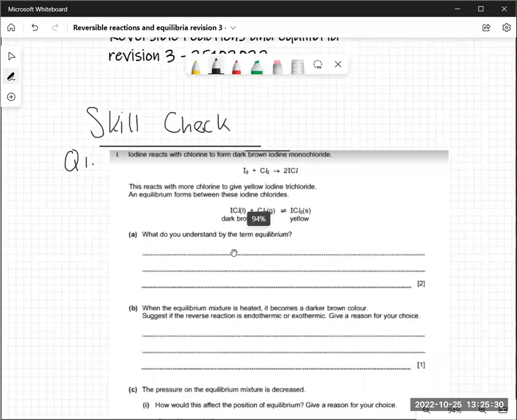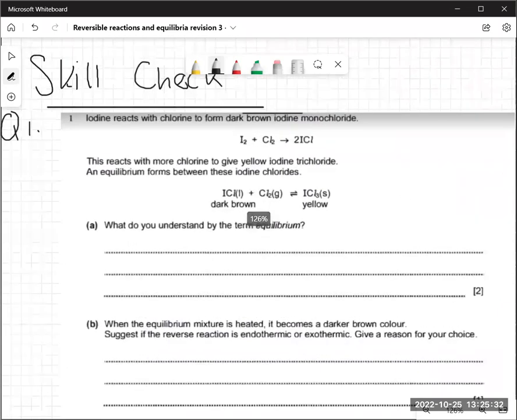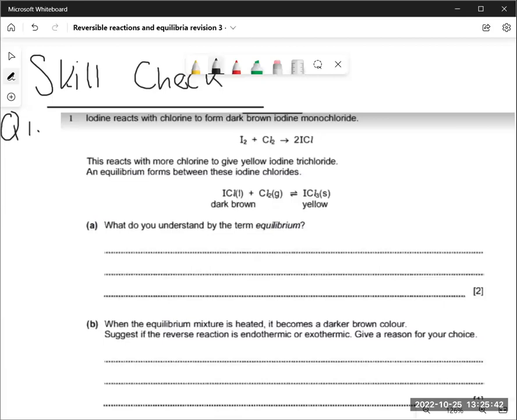Equilibrium. Now Anas, what is equilibrium, you know? Check your notebook. Now tell me what is an equilibrium. I'm trying to find it. Find it.